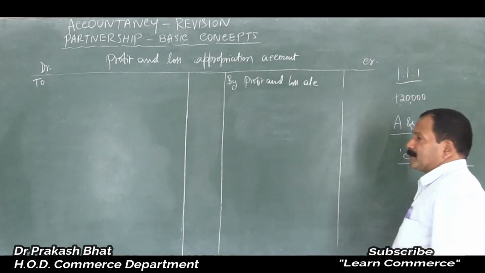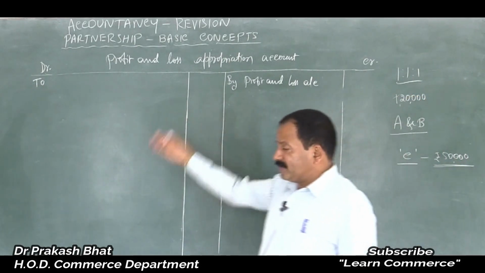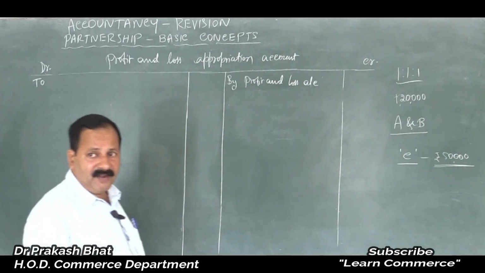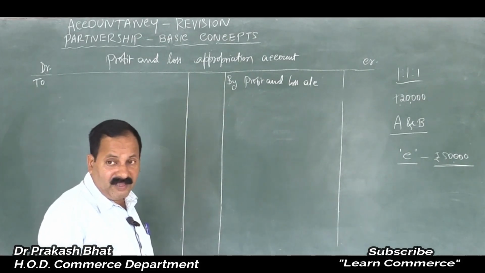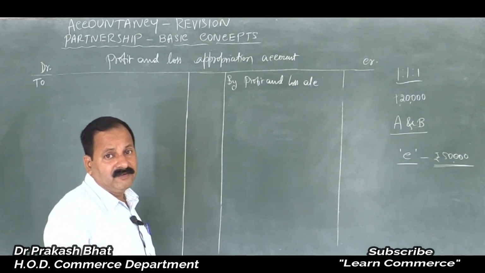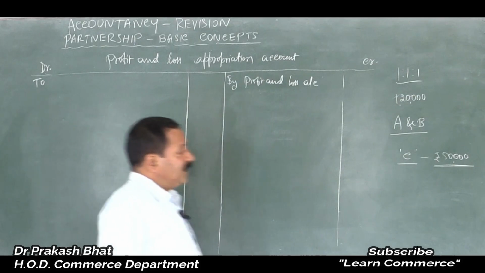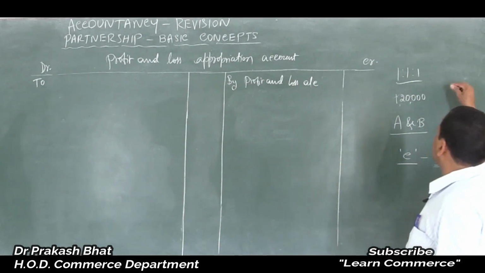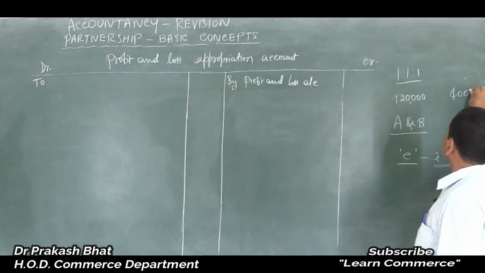After interest on capital, interest on drawings, everything is provided, we will have a profit of rupees 1,20,000, right? If it is divided equally among A, B and C, then each one will get 40,000.